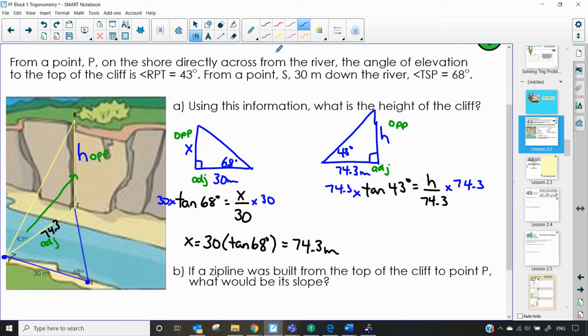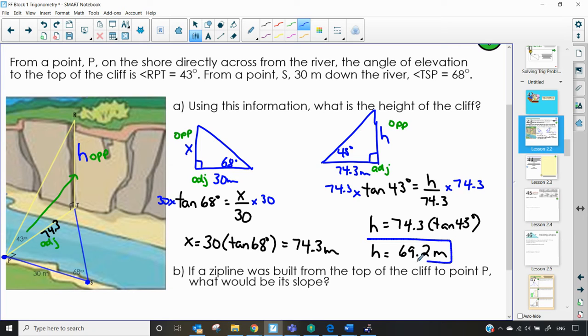So again, H equals 74.3 times tan of 43. And that gave me a height of 69.2. Now, in this case, that is my final answer. That's what I'm being asked for, is that height.